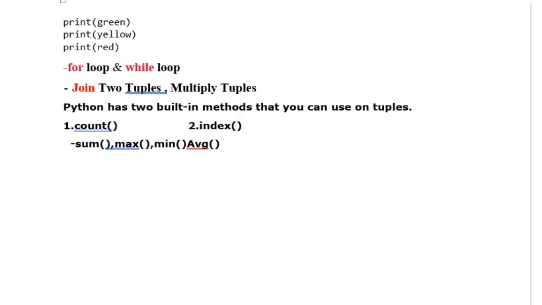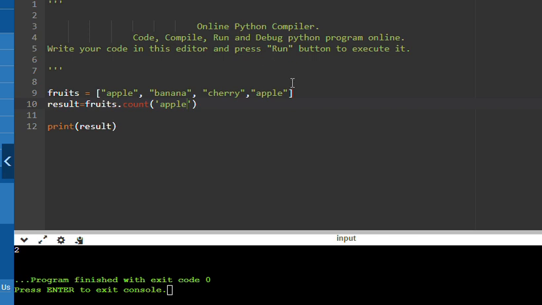Okay. Next we have count and index. These are the two built-in methods in the tuple. I'll show you practically how we can use them. Look here, this is the tuple representation. In the list also we can try; in the tuple also it is acceptable. In this tuple I used apple 2 times and we want to count how many times the apple appears.